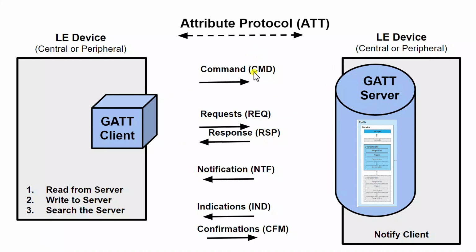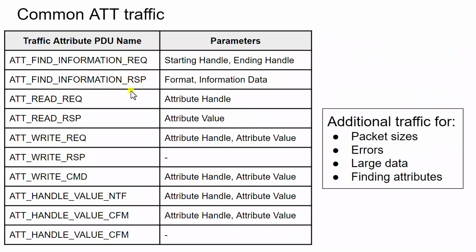Now, some of these actual commands that are sent over the air take the form of the name of those commands, and the PDU is the data payload that's sent. So with these command names, you can be asking for information, starting handle, ending handle.